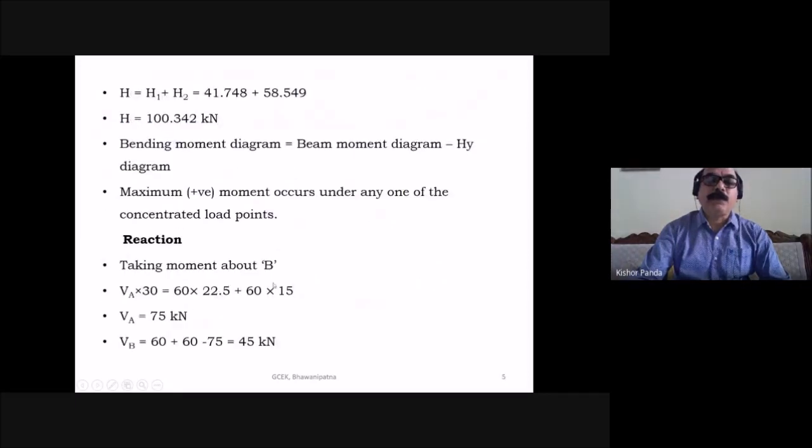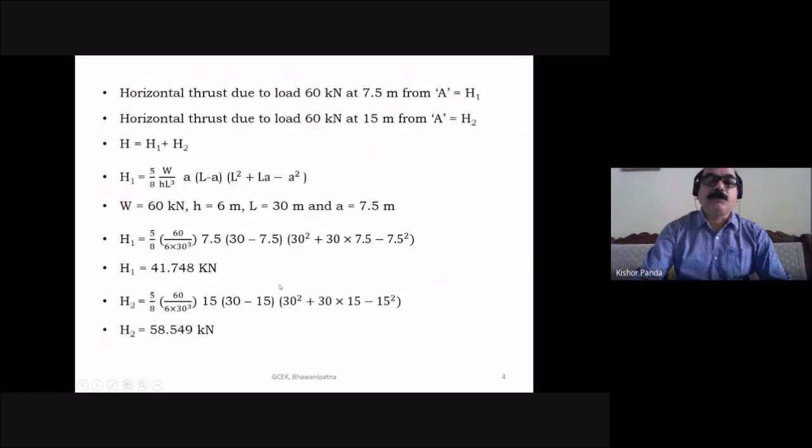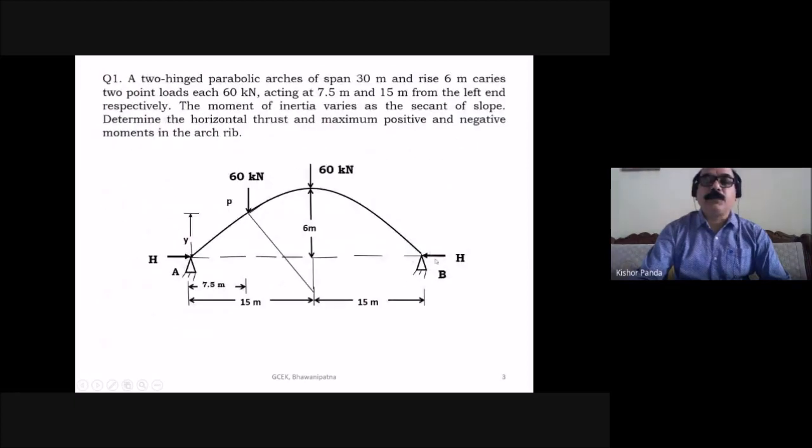So taking moment about B. How many vertical forces are here? VA into 30 is clockwise, and due to this load the moment is anti-clockwise, and due to this load the moment is also anti-clockwise around this point.